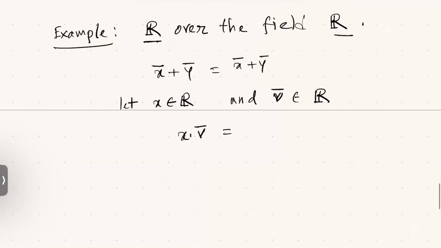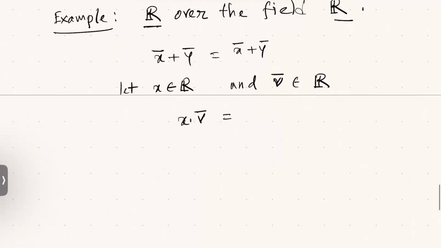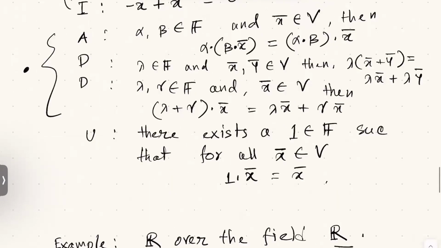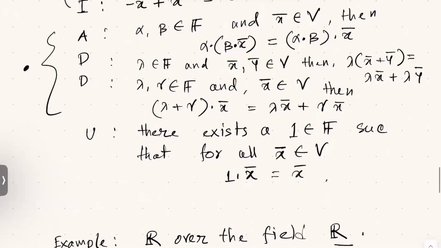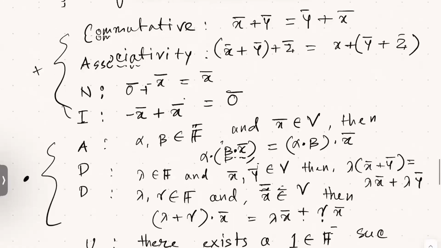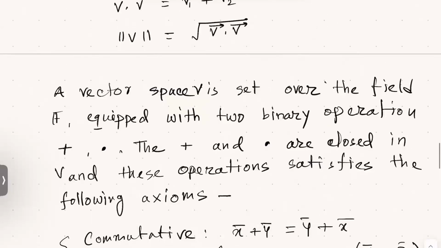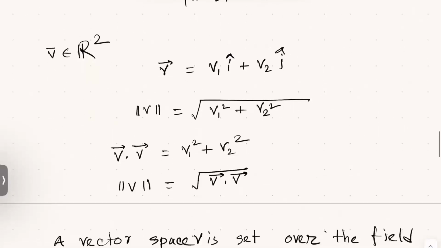Okay, so we require the idea of vector space because we consider the inner product.